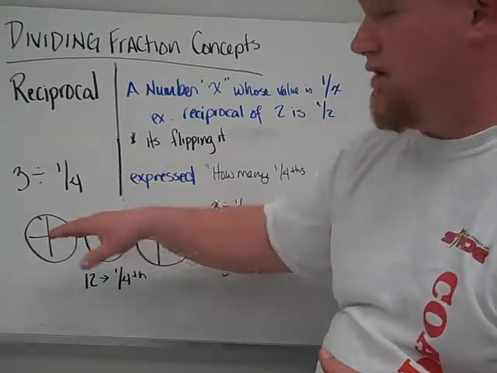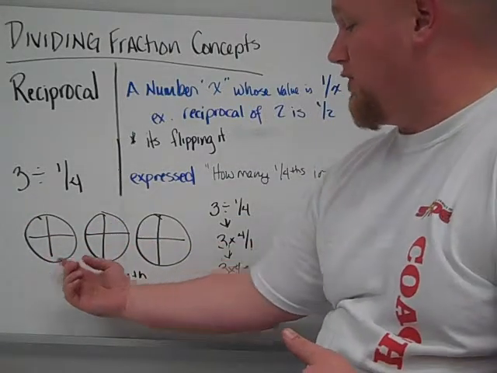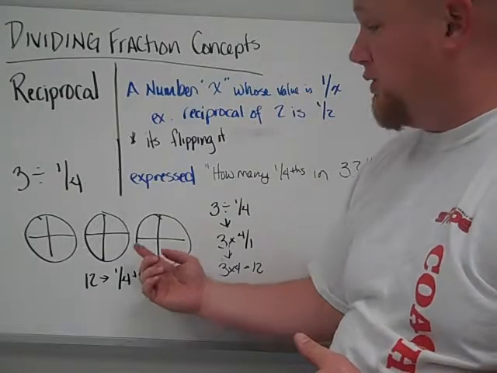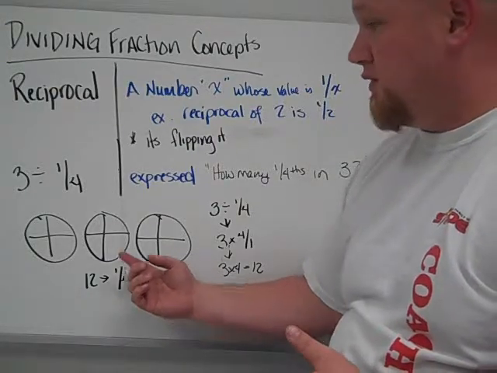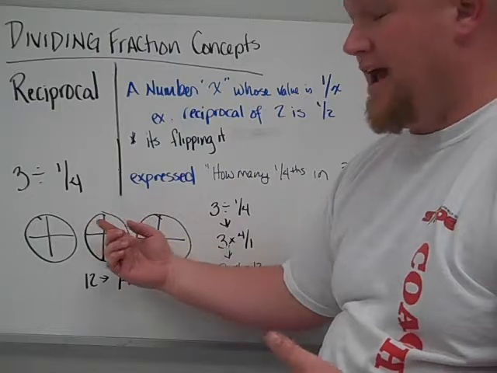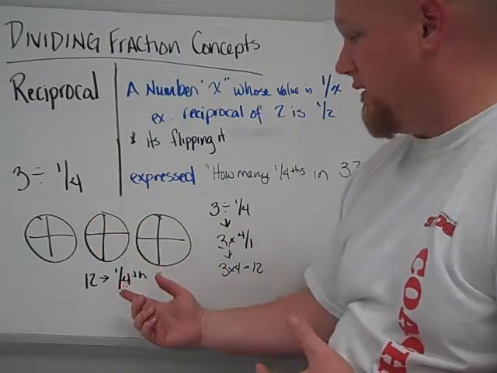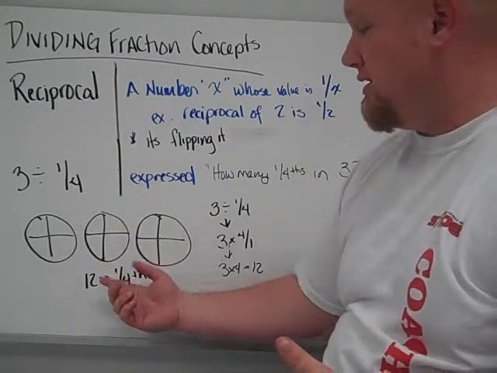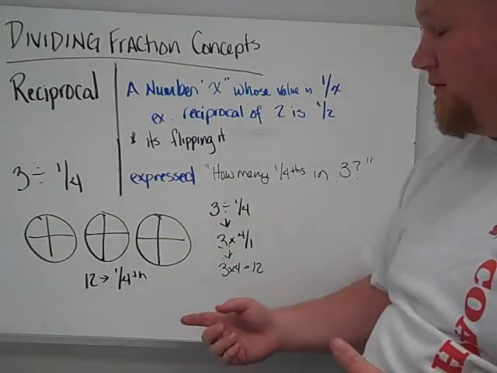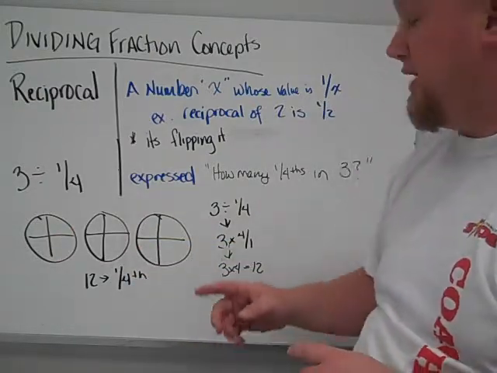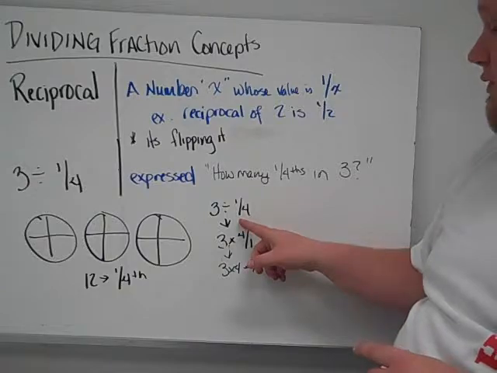If we take 3 and we divide by 1/4, that really is taking 3 wholes and splitting it into fourths. So if you divided 3 into 1/4, how many 1/4 would you have? Well, you can count. It's easy. There's 12 1/4 here. Now, in the algorithm, what that looks like is 3 divided by 1/4.